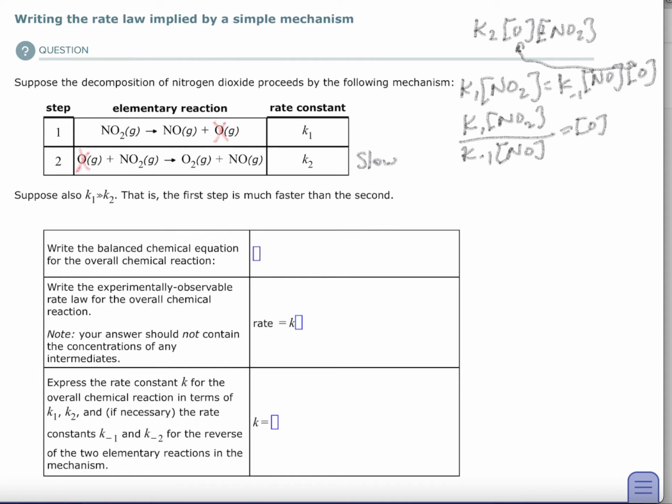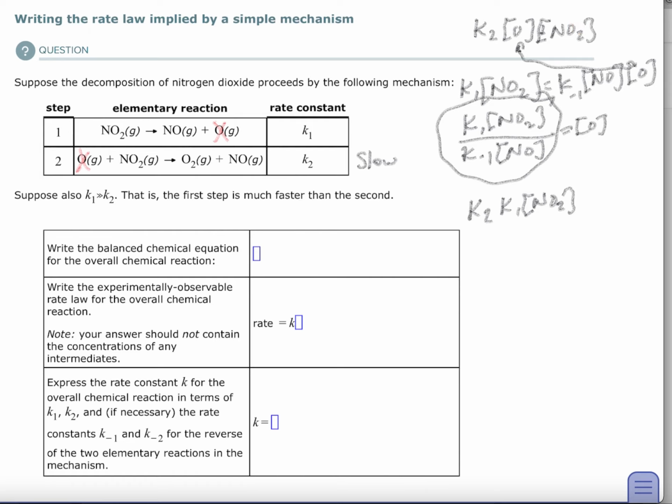Now I'm just going to put this entire thing in for the O at the top. So I'm going to say k2 times k1 times the concentration of NO2. And then if you can see here, I've got a second NO2 here, so that needs to be part of it.